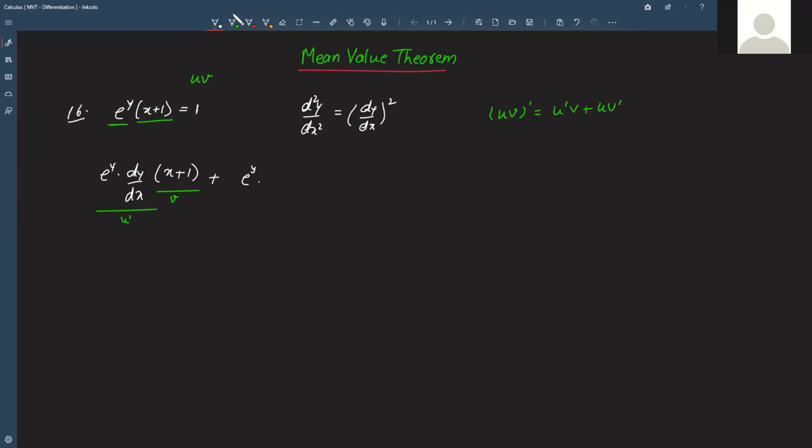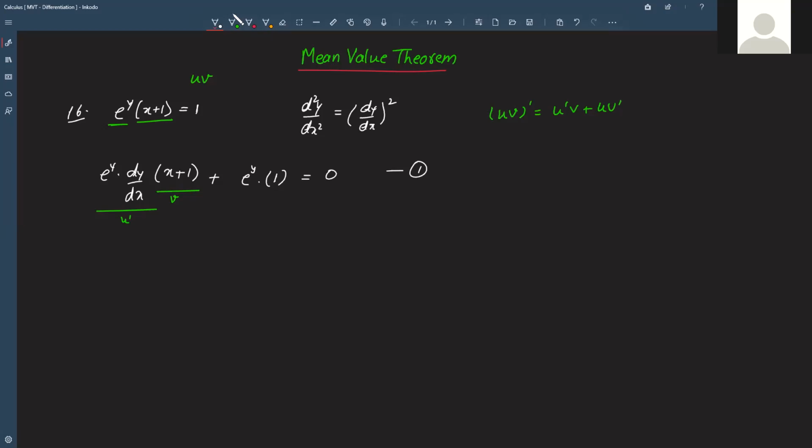So differentiation of x plus 1 will be just 1, right? And this should be equal to 0, right? Because that is what we have here. The RHS is actually 1, so differentiation of 1 will be 0. This is the first expression, and that is the differentiation after first stage.